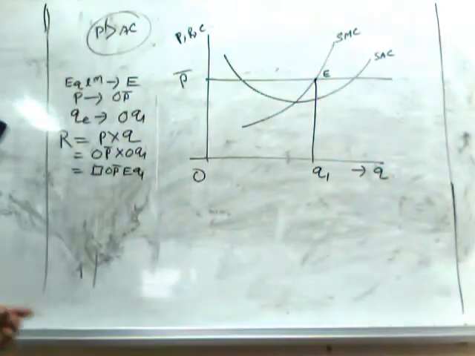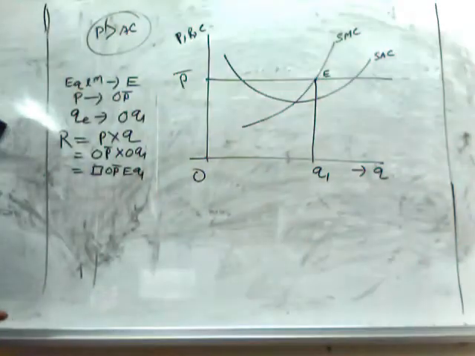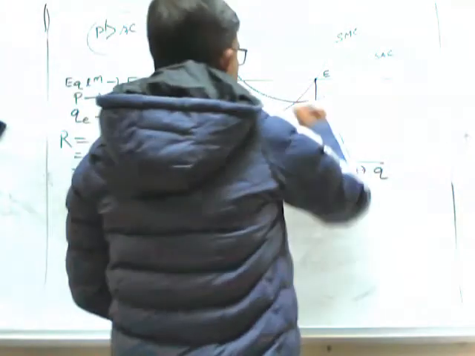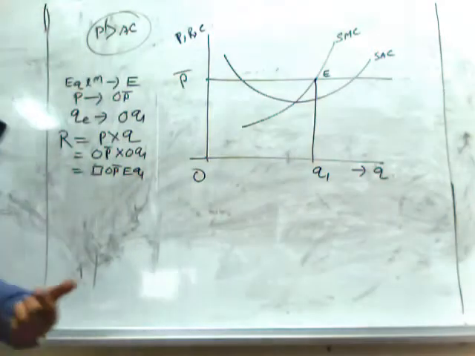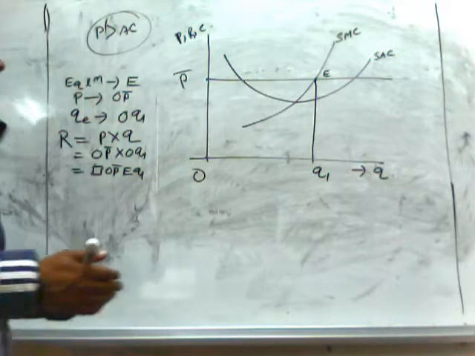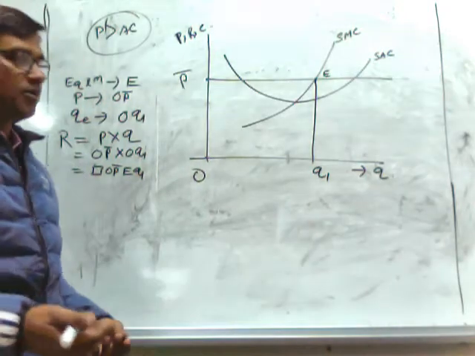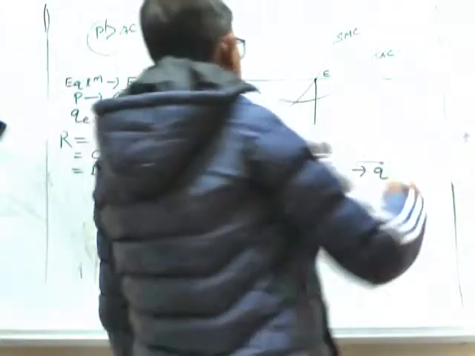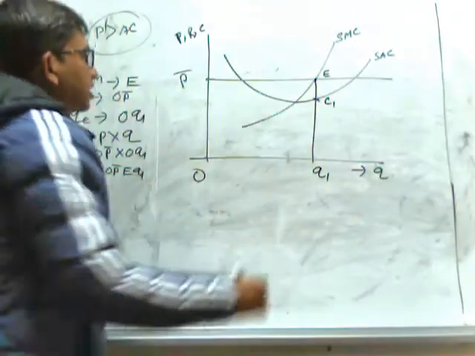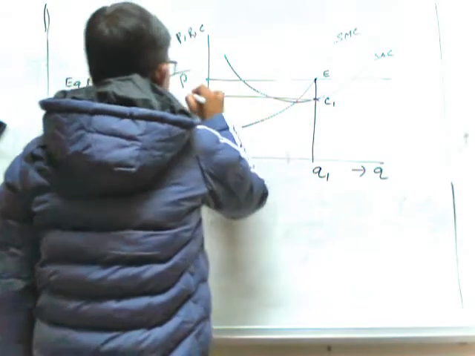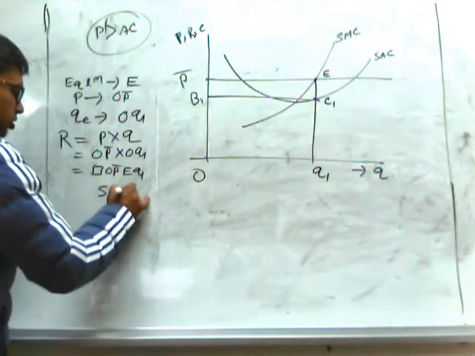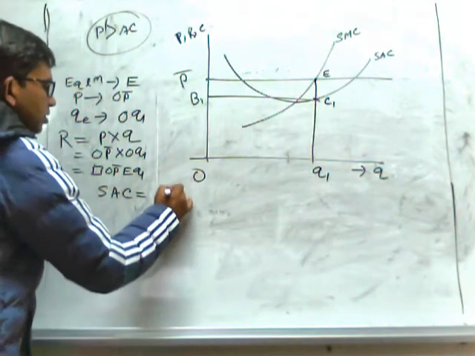The total cost is not directly given, but we have the short run average cost curve, which represents the short run average cost at each level of output. So at output level OQ1, short run average cost is Q1C1, or we can write it OB1. So SAC, short run average cost, equals OB1 here.